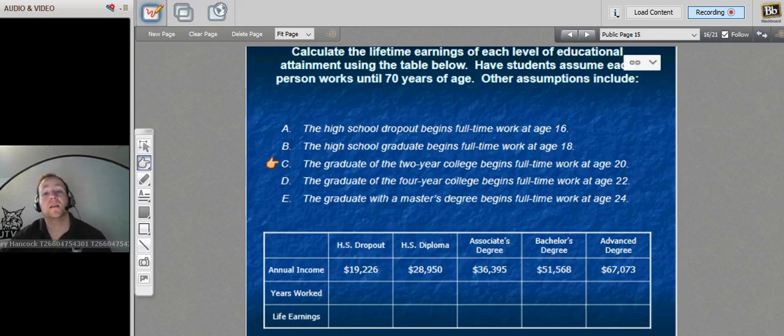Anyways, if you do fill out this graph, and I'll open up the slides at the very end so you can go back and write it down, or you can look at the recording here, I'll give you extra credit. And that will just kind of show you how important it is to get education, even though it may take more time to get education. You're going to make a lot more in your lifetime earnings, as you'll see.